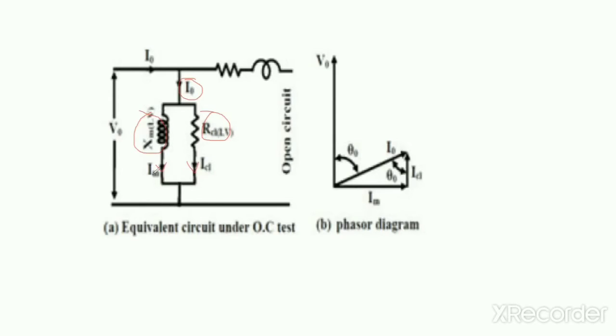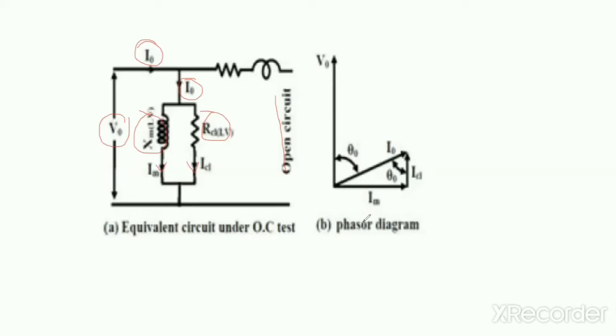Im is the magnetizing current and IW is the wattless current. This is the open circuit, that's why this is the OC test. I naught is the no load current and V naught is the no load input voltage.